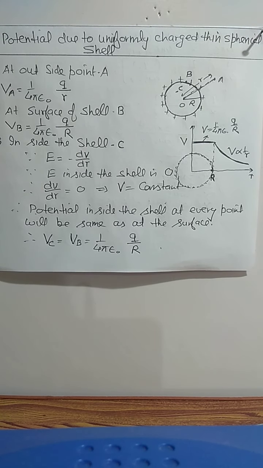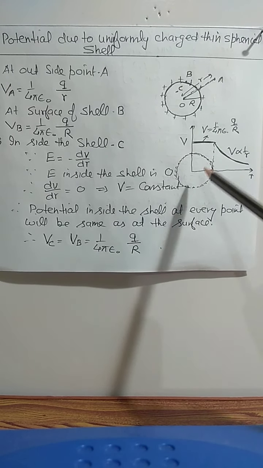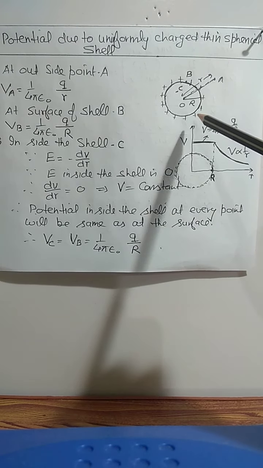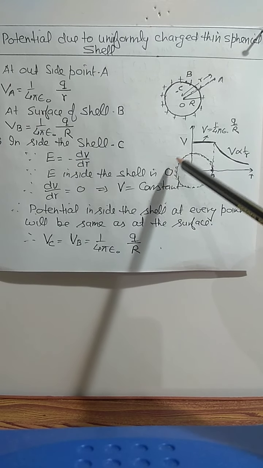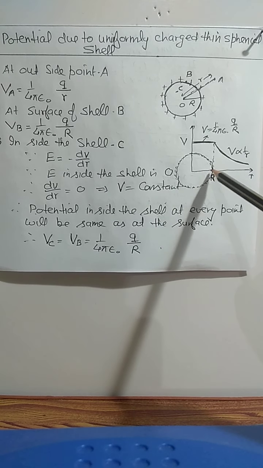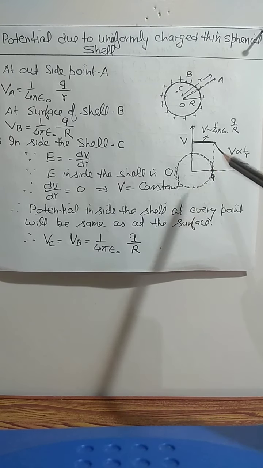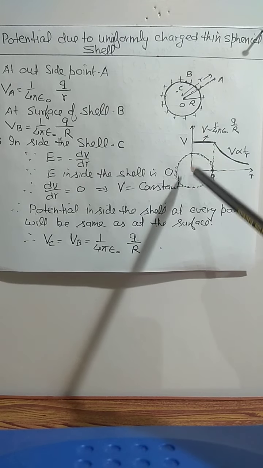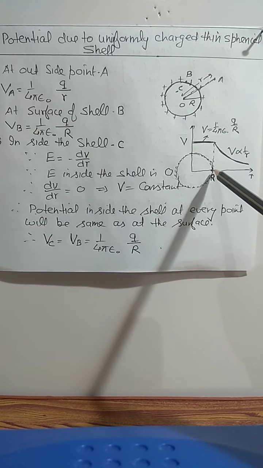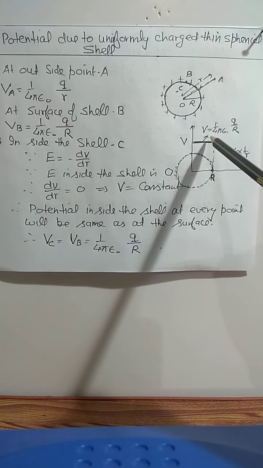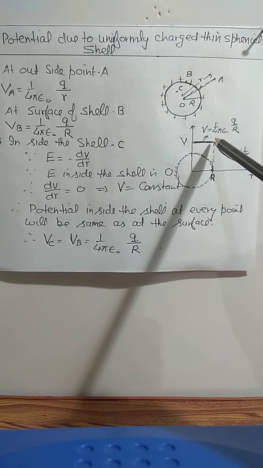Clear? Now I am going to plot the graph between V and R. This is shown here, V and R. On the x-axis there is R, and on the y-axis this is V, and this is the sphere of radius capital R. As you know, the potential inside the shell at every point is the same, and therefore from 0 to R, the radius of the shell, it is maximum.